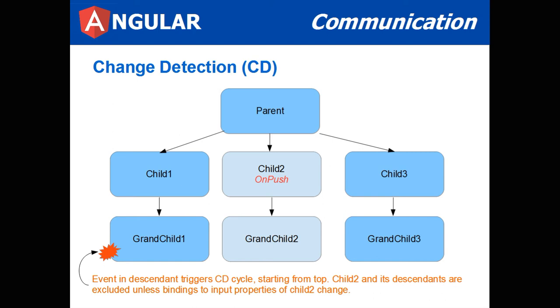So notice, even if grandchild 1 has a change, the change detection goes from the parent all the way down the tree. It excludes anything that has an OnPush strategy where the input to that particular child 2 has not changed.